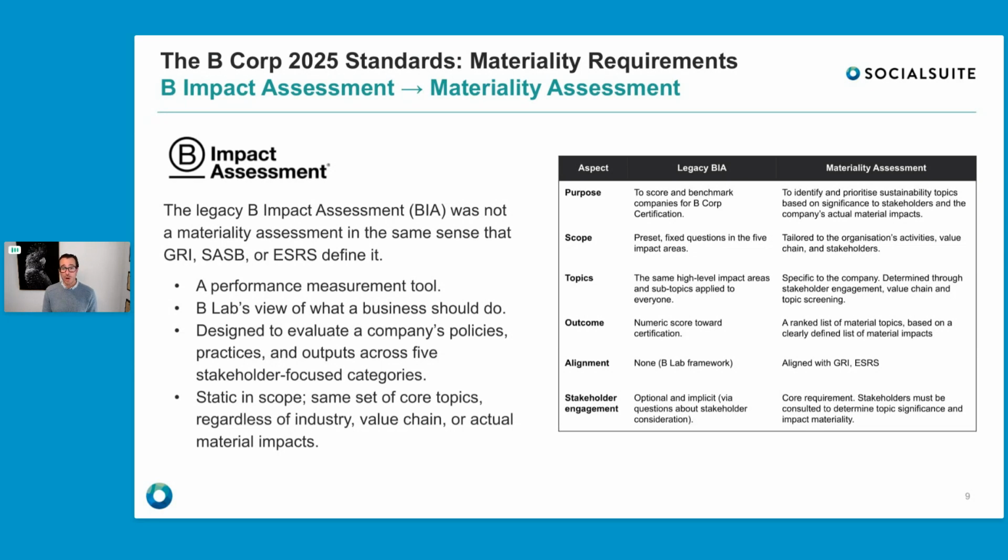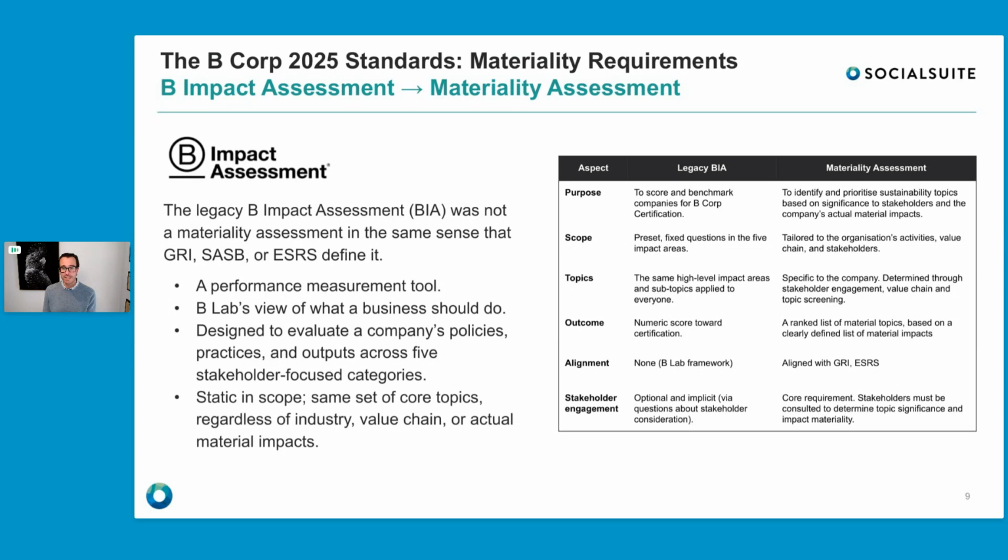So in terms of the scope then, the BIA was really preset, fixed questions on 5 impact areas, but the materiality assessment is tailored to the organization's activities, the value chain, the stakeholders, the topics that matter to your organization. So it's much more tailored.